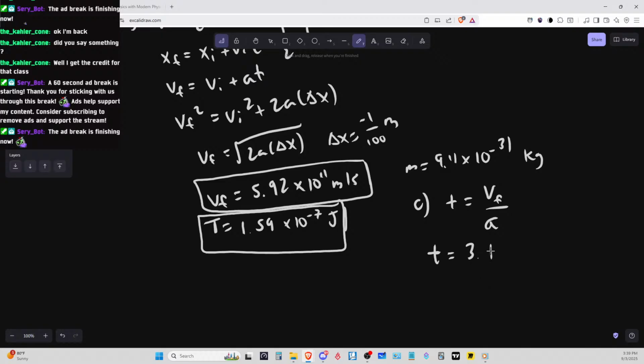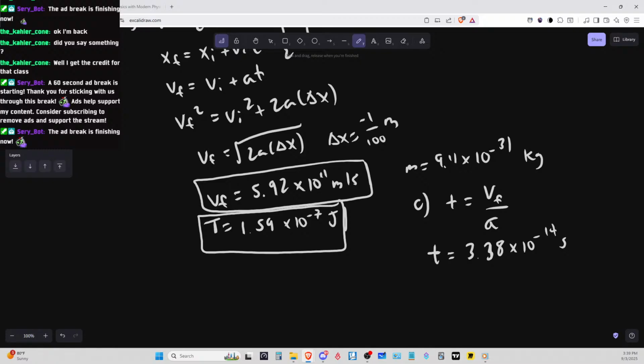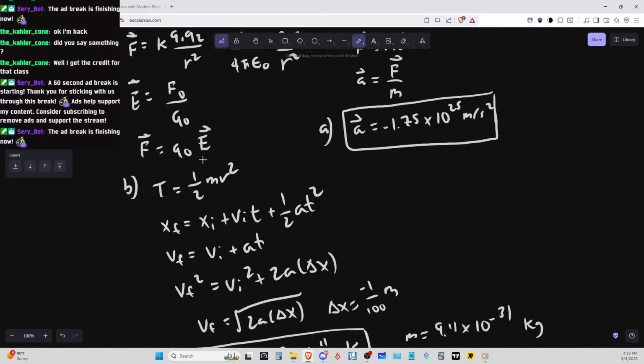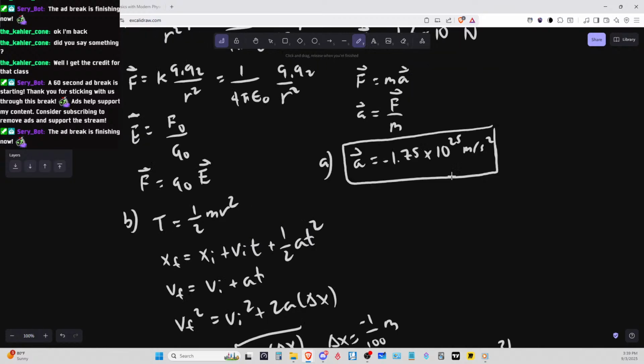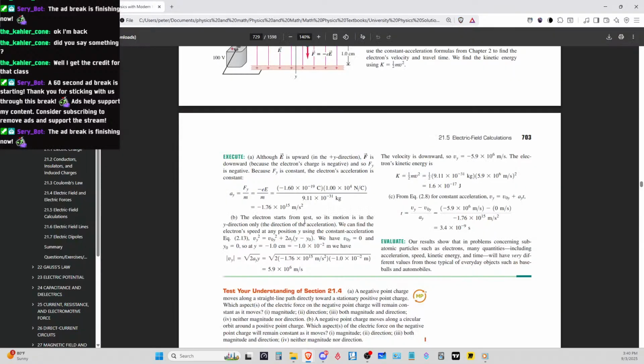Because this one is, I think, 38 times 10 to the negative 14 seconds. I don't think we have anything missing. Did they put the wrong numbers in the answers? Or is it that I'm doing the math wrong? I usually assume that I'm doing the math wrong, but I think we did the right numbers.